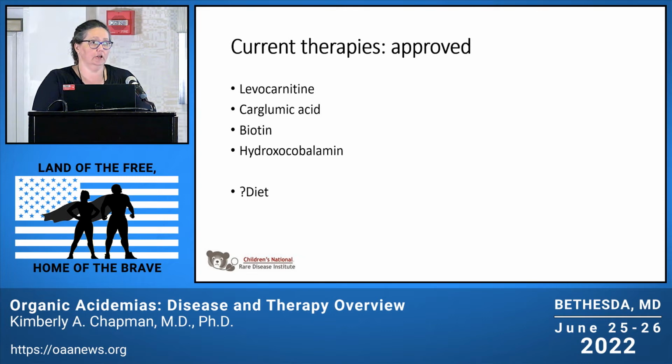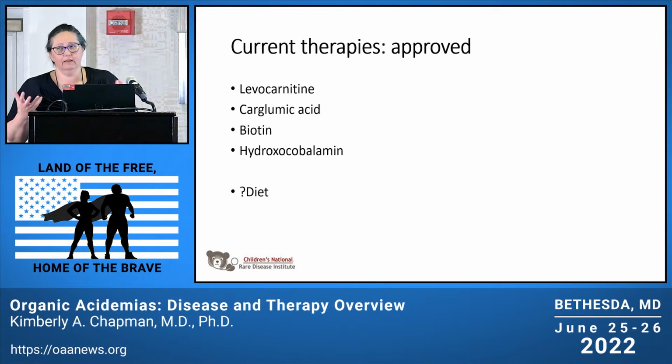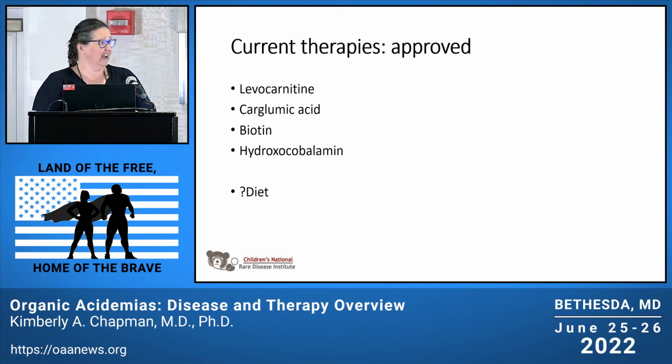So it is a nitrogen scavenger that's specifically approved for acute management of PA and MMA hyperammonemia. Some people will use it as a long-term thing, but it is actually approved. And then I put diet with a question mark because it's not really an FDA-regulated drug, but your diet is your medication here. So I would argue that it is.